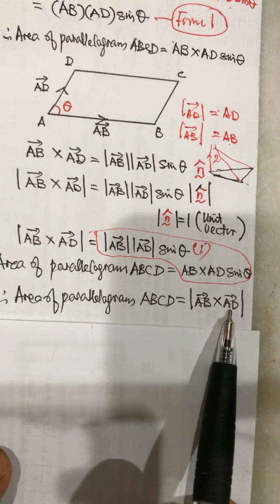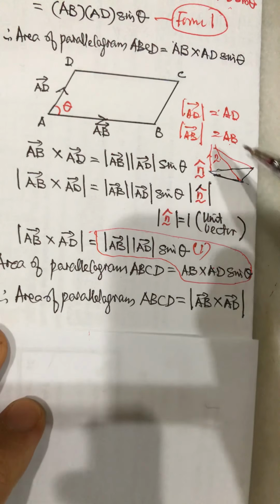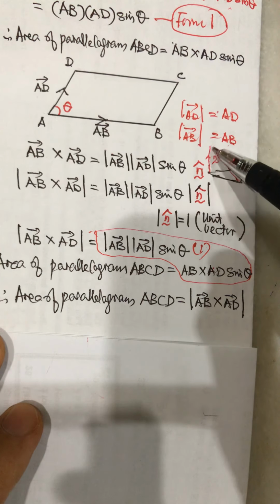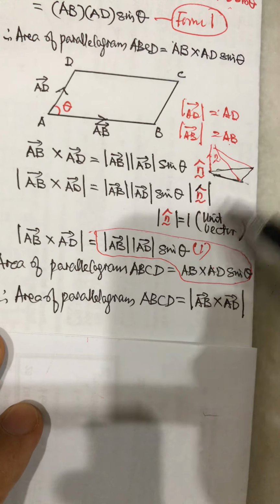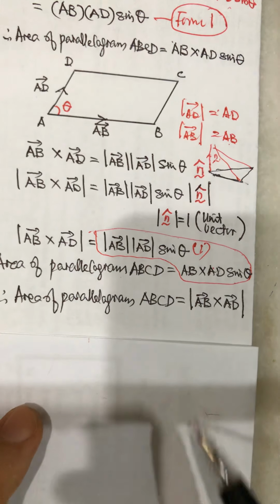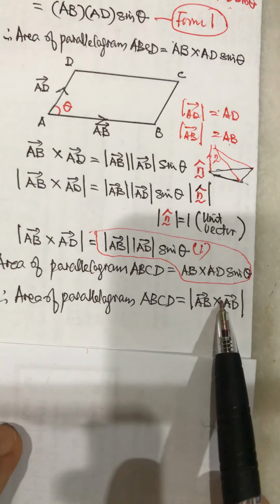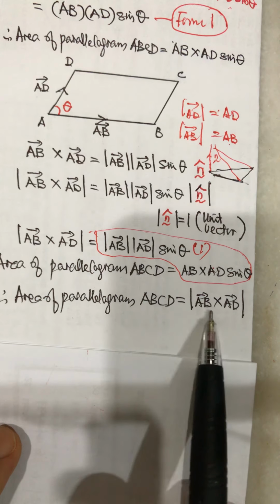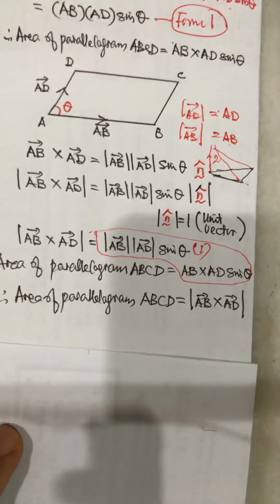You cross them, that means you find the vector which is perpendicular to them, normal to them, and then you find the magnitude. That is the area of the parallelogram ABCD: the magnitude of AB cross AD.